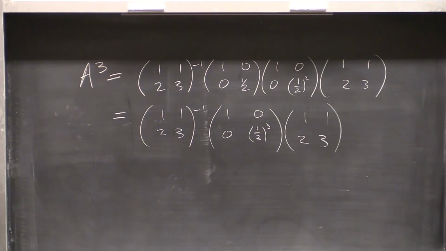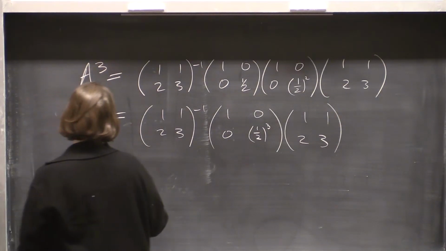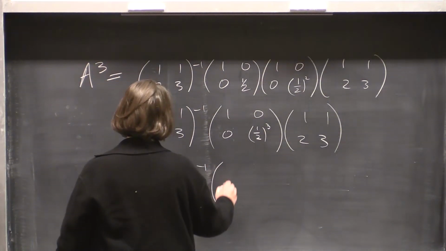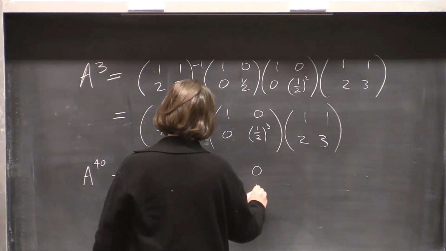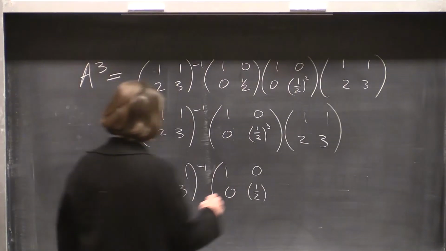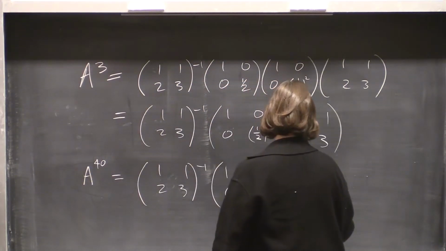So in general, do you feel that you can compute the 40th power of A? Yeah. So the 40th power of A is going to be 1, 1, 2, 3 inverse, 1, 0, 0, 1/2 to what power? 40. 1, 1, 2, 3.